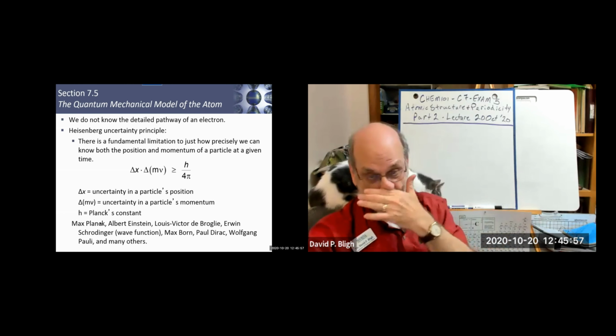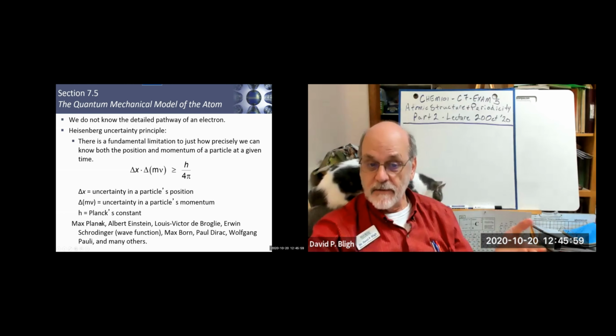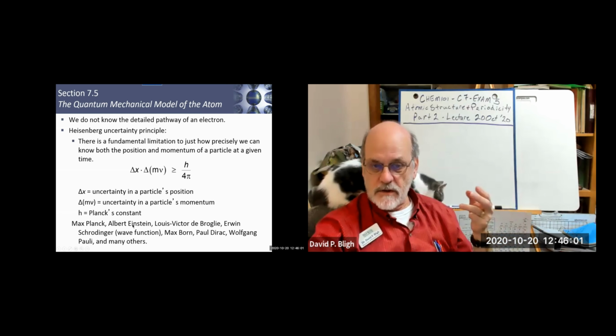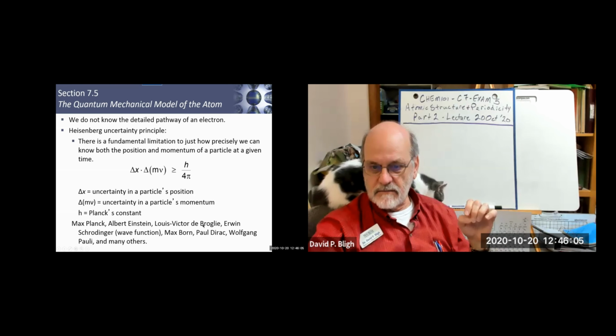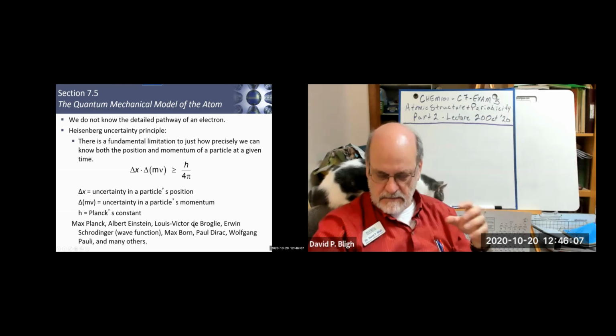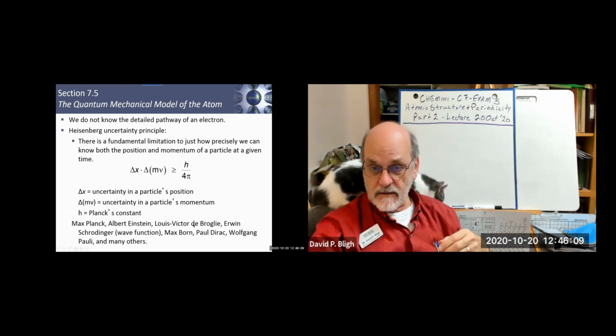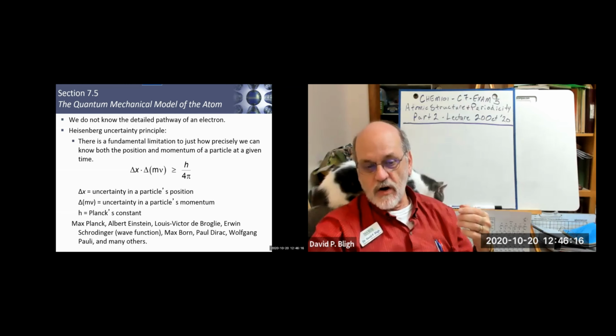Max Planck, we know about him with Planck's constant. Albert Einstein, of course. Louis de Broglie was instrumental in adding to the concept that would become the quantum mechanical model, and all these others. We're going to talk about Schrodinger in just a minute because it has to do with the wave function.